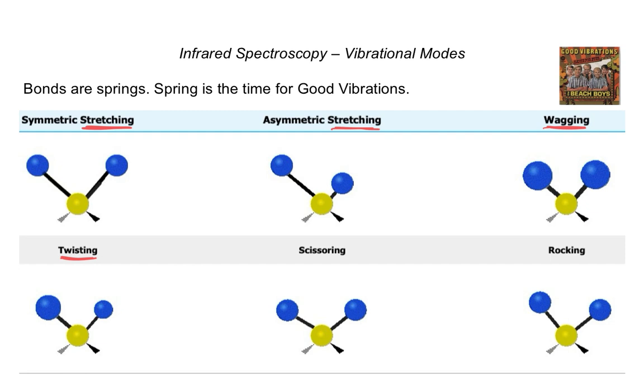Twisting, you're doing your oblique stretches like this, it's twisting. Now, keep in mind that all of these, since they're different vibrational modes, have different energies, because on that bond curve, when the light's hitting it, it's going to excite it in a different way.